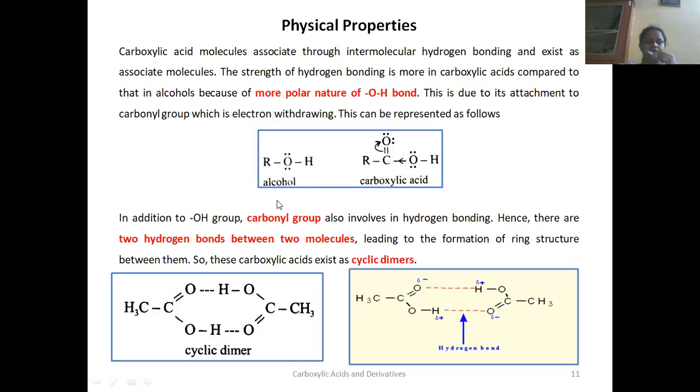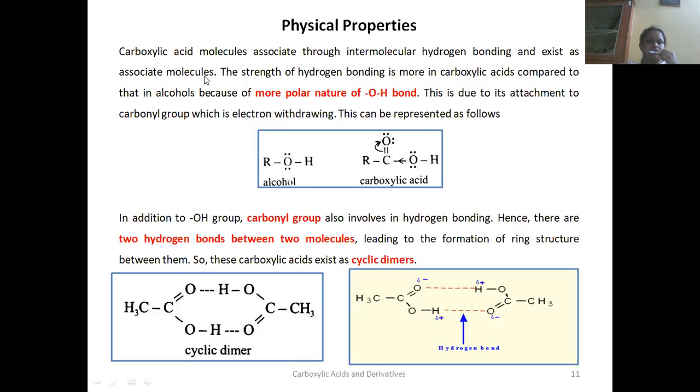Similar hydrogen bonding can be seen in carboxylic acid, but there is a special case here because of the presence of the C=O group and also the OH group. Carboxylic acids show association between the molecules.